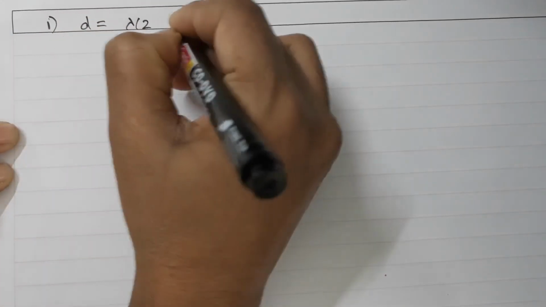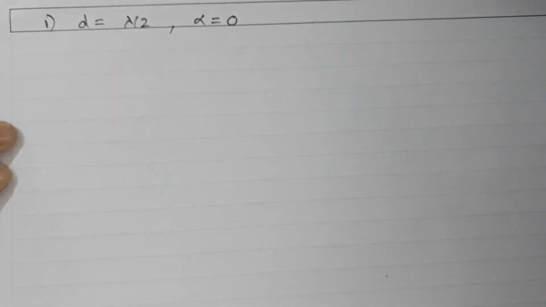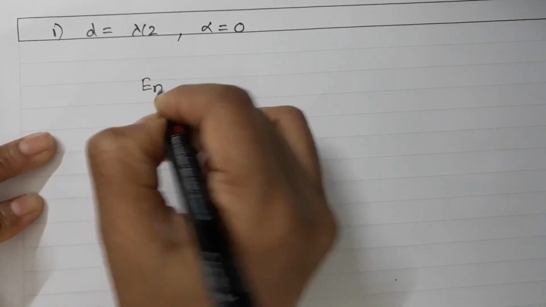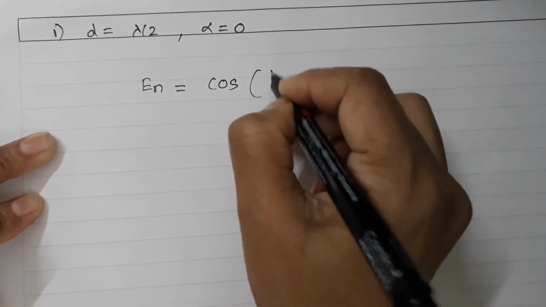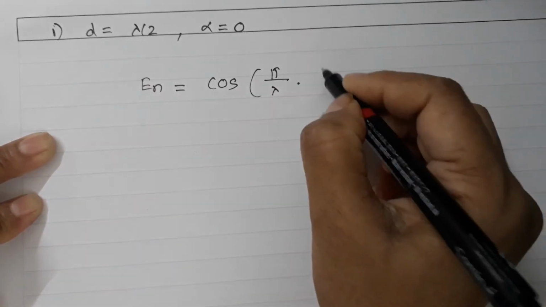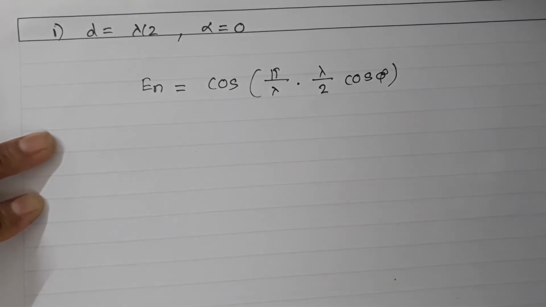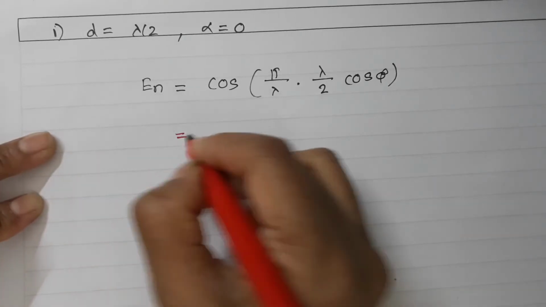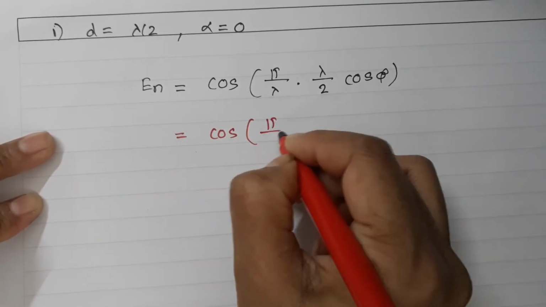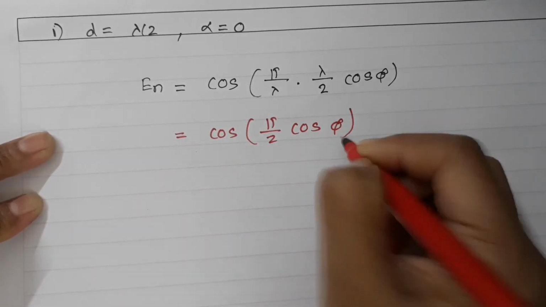The first value which we'll put is d = λ/2 and α = 0. If you put this, your normalized field will be equal to cos(π/λ · λ/2 · cos φ). By solving this one, you will get cos(π/2 cos φ).